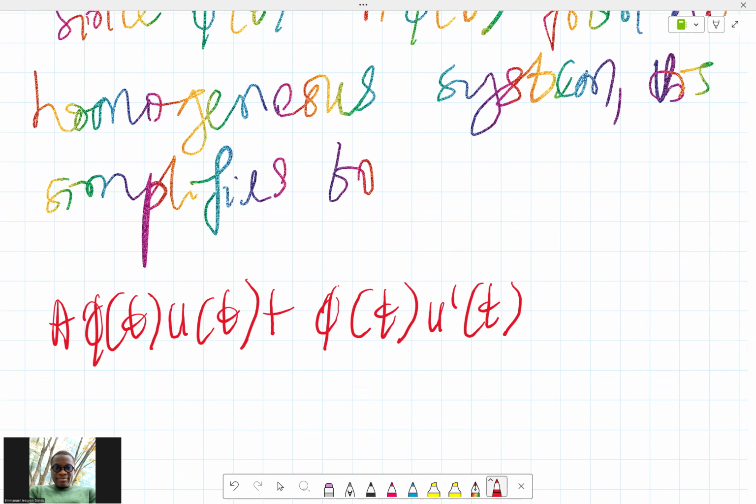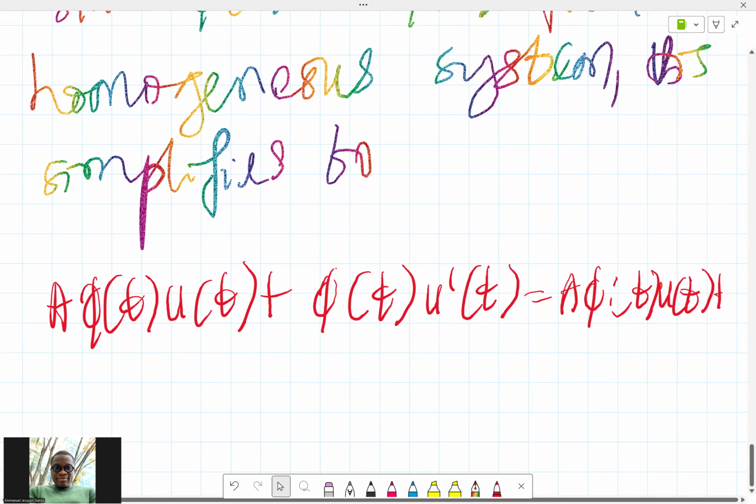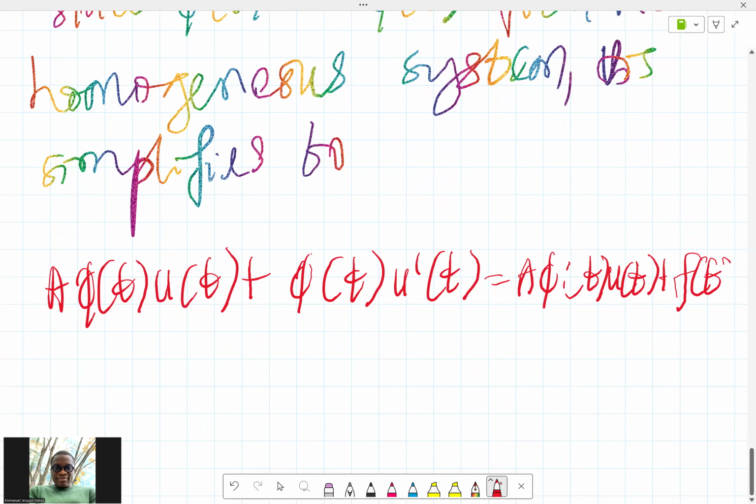Because now phi prime of t is A phi of t, and this is now equal to A phi of t u of t plus f of t, like that.